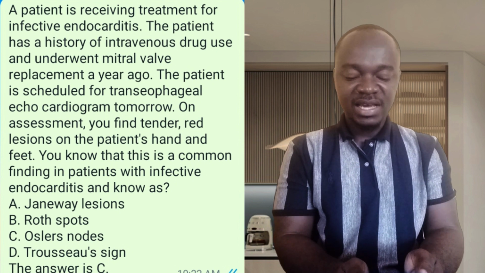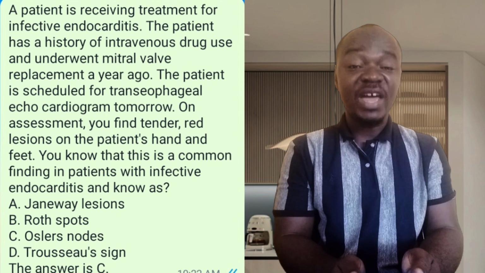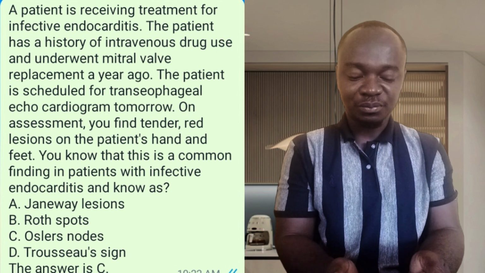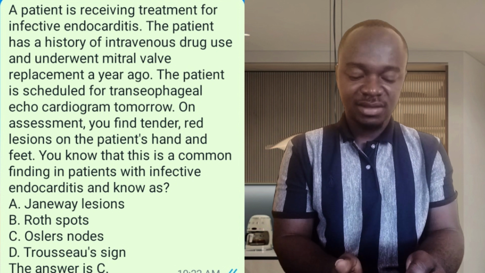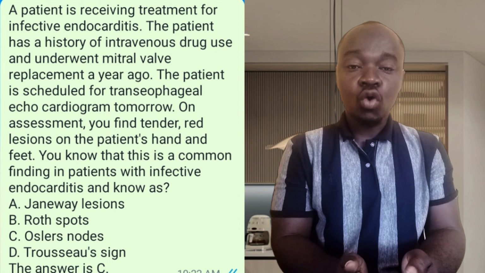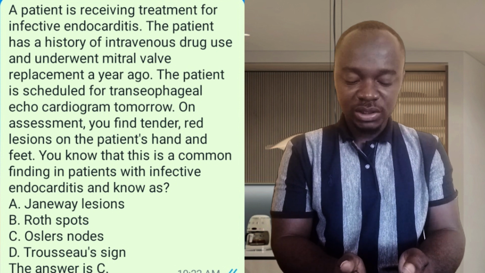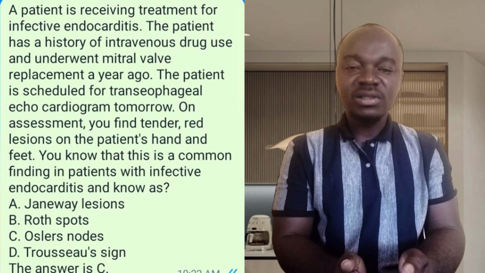You know that this is a common finding in patients with infective endocarditis. It is true. Okay, and it's known as, now, A, Janeway lesions, B, Roth spots, C, Osler's node, and then D, Trousseau's sign.